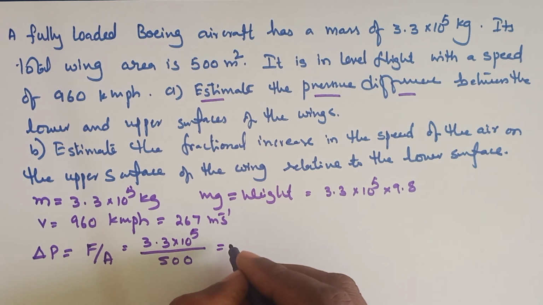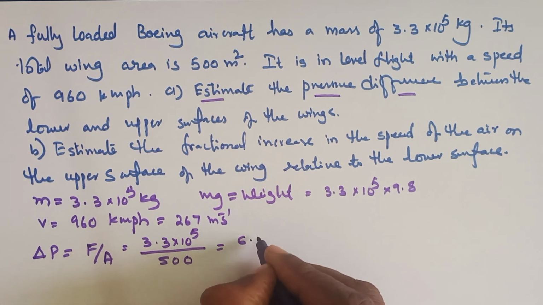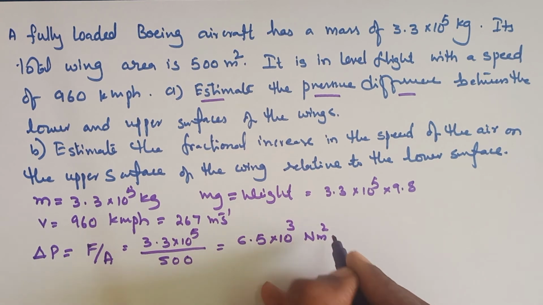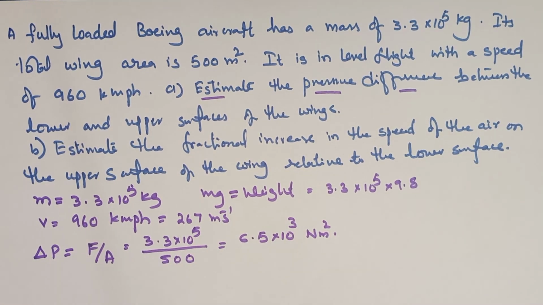Now what is delta P? It is 6.5 into 10 power 3 Newton per meter square. This is the first question.